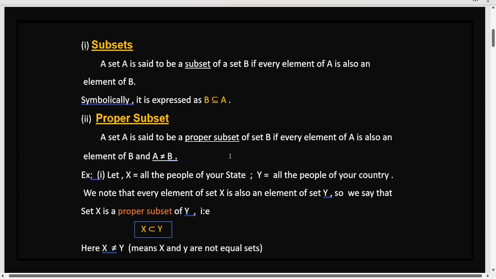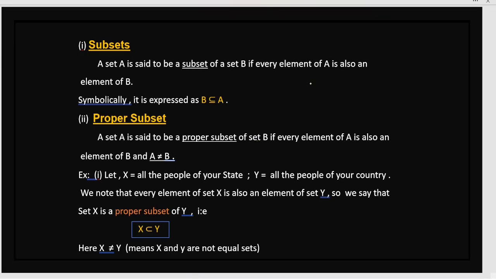The proper subset. A set A is said to be a proper subset of set B if every element of A is also an element of B. So there is no difference between subset and proper subset so far. And A is not equal to B. That is another condition. To be a proper subset, the sets should not be equal. See, for subset we write this symbol.